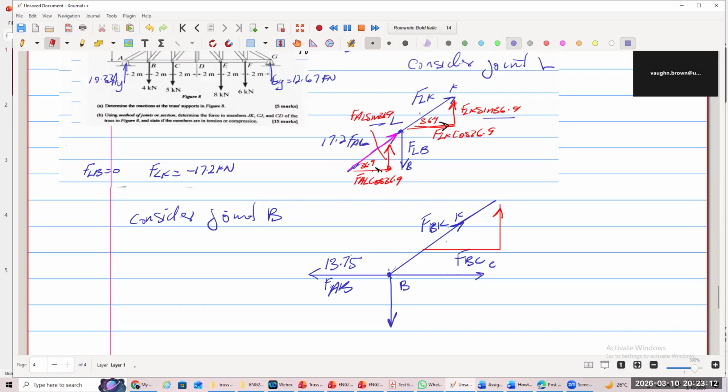I'm just tidying it up so that you can see it. So this is 36.9. Was it 36.9, by the way, guys? It's not 36.9.